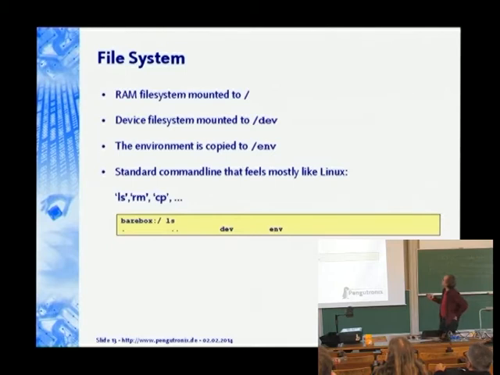We have a device file system mounted to dev, and the environment is copied to that path here. And then we have a standard command line that very much feels like Linux. So if you're doing Linux usually, and you're doing bootloader stuff, then this will feel really familiar.